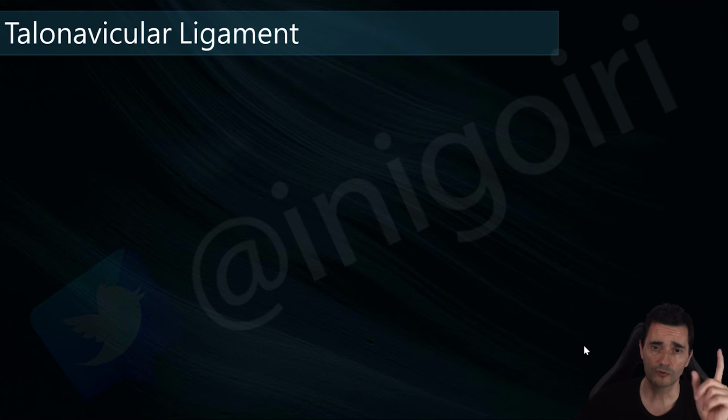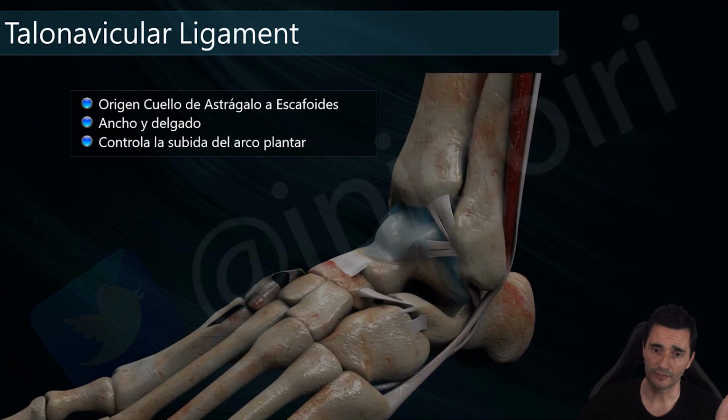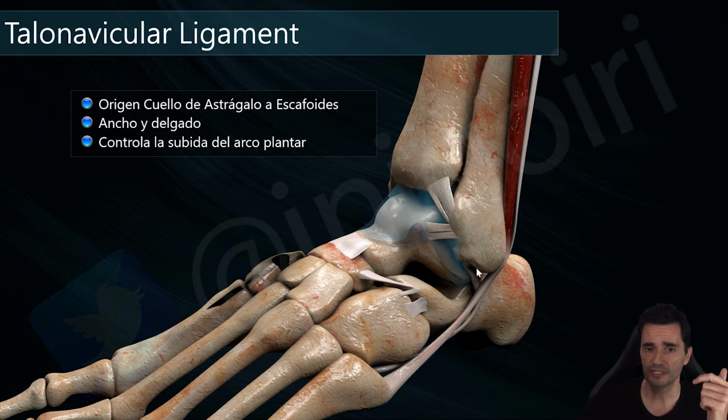Okay, now we are going to talk about the talonavicular ligament. This is the insertion on the head and neck of the talus, just ahead of the recess of the joint, and it is very wide, and its insertion is in the middle of the navicular bone here.